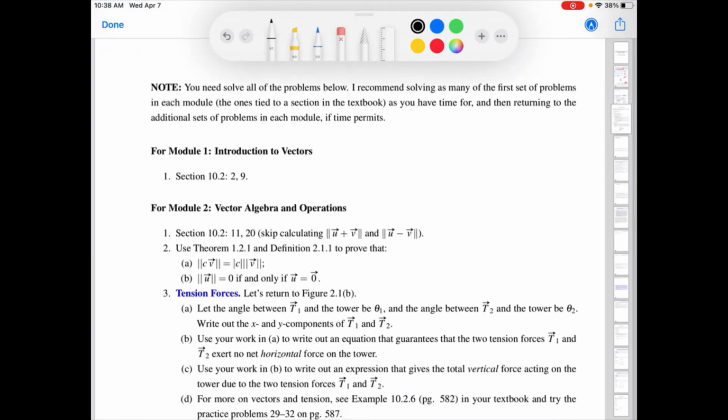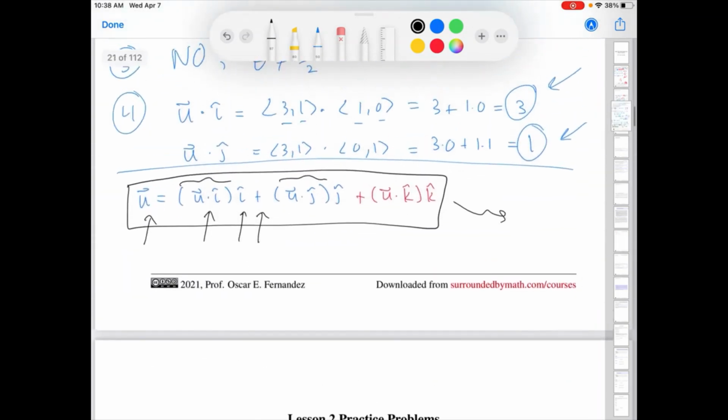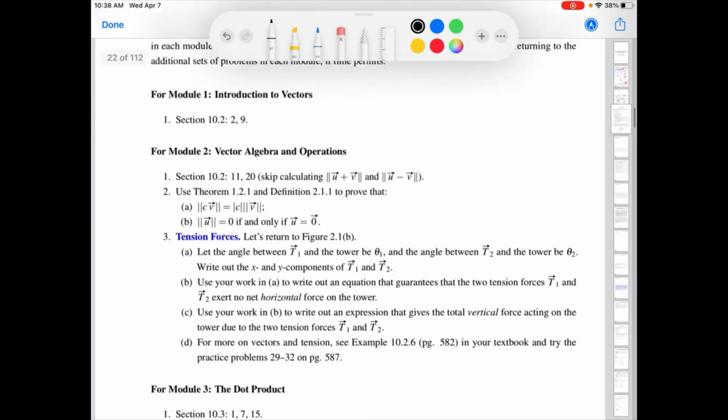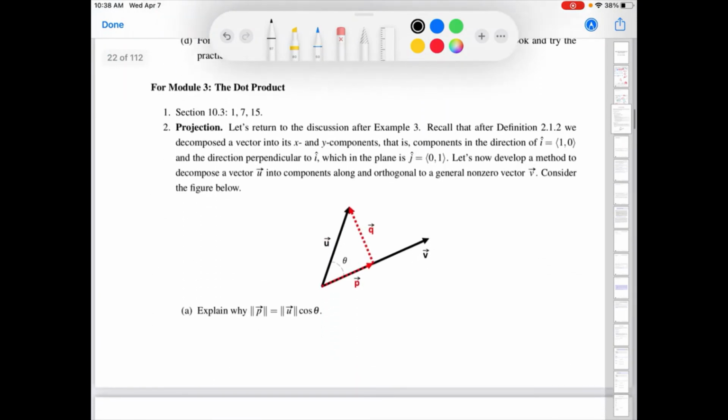I don't normally preview the practice problems, but because of the tie-in with this, I do want to talk about one thing. The dot product, because it's related to angles between vectors, is also related to something called projection. So if I wanted to, for example, down here, look at this vector u, and I want to project it along the vector v, by which I mean, what if I were standing right on top of you and I had a flashlight and I turned it on?